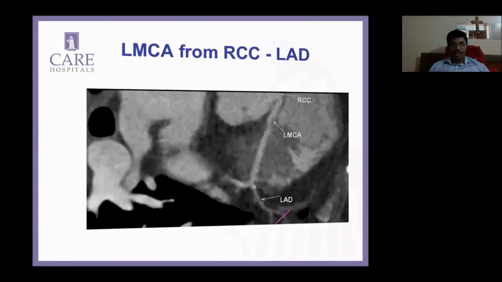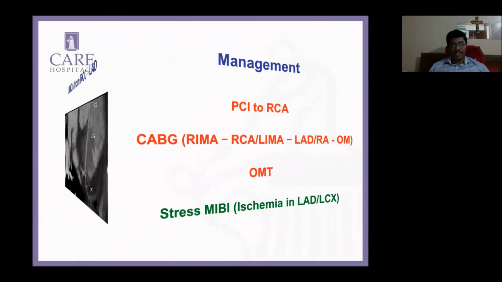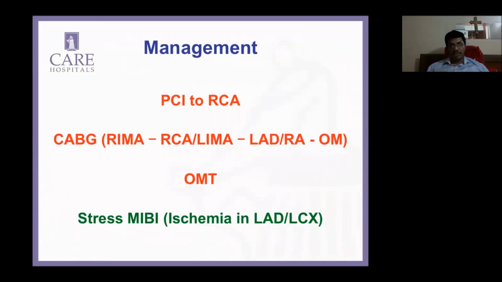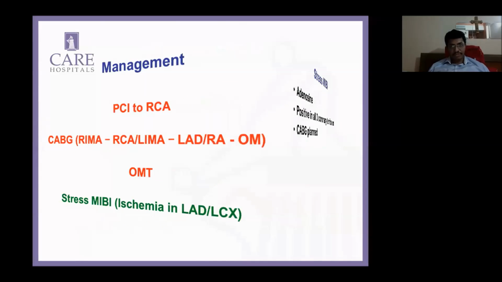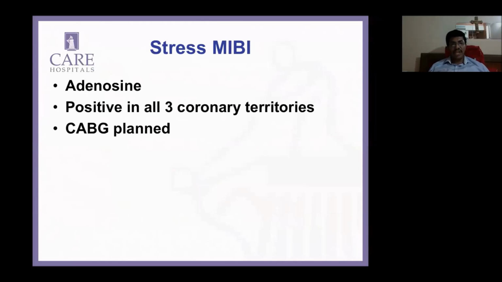This is also corroborated by some other investigators that, except for the left coming out from the right, it is a good idea to do a MIBI scan or a dobutamine for these patients. MIBI scan is more preferable because you get better sensitivity. So in this case, we did an adenosine and it was actually positive in all 3 coronary territories. So bypass has been planned for this lady.